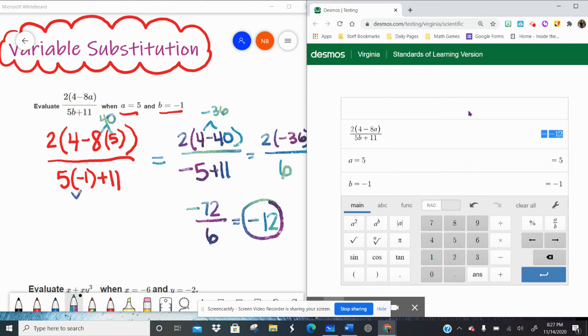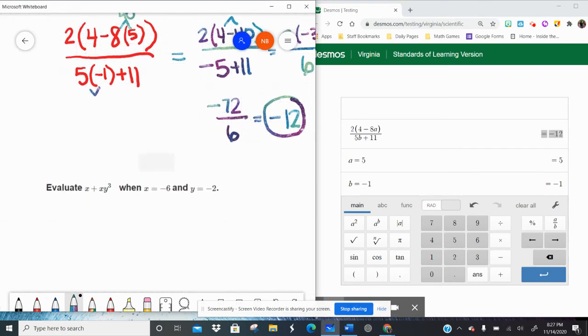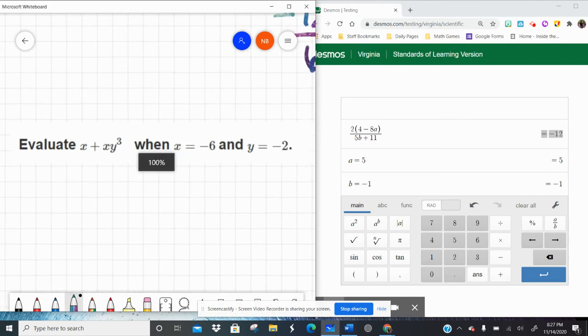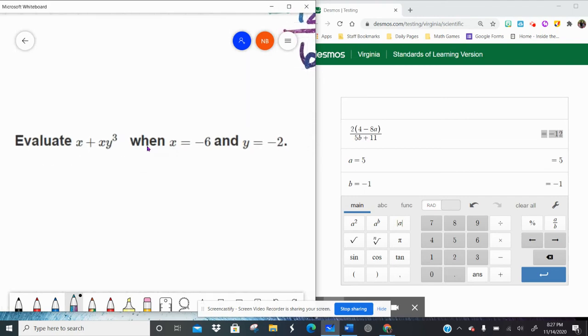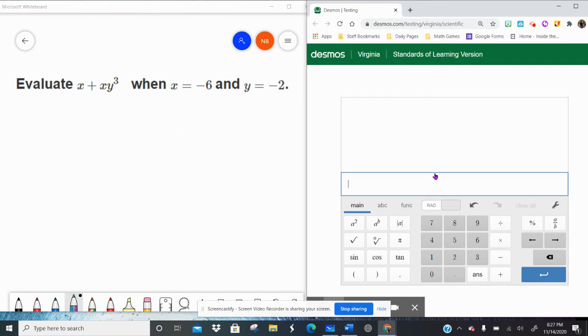But you can use the Desmos calculator. It's not cheating to use those tools, those resources. Just like a carpenter would use a hammer, a mathematician can use a calculator. So let's try this one using the calculator. I have x plus xy to the third power.